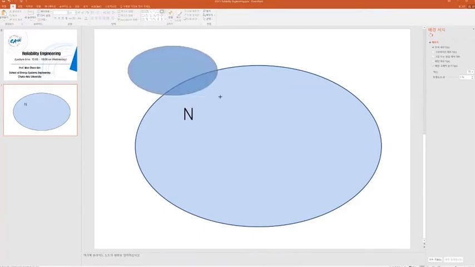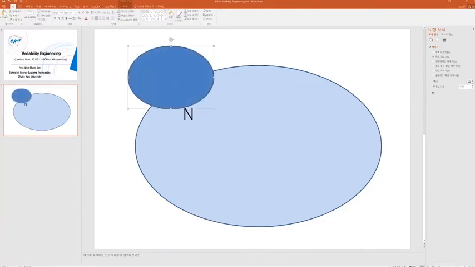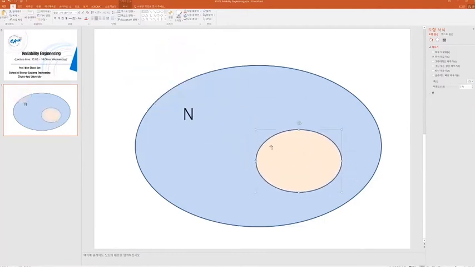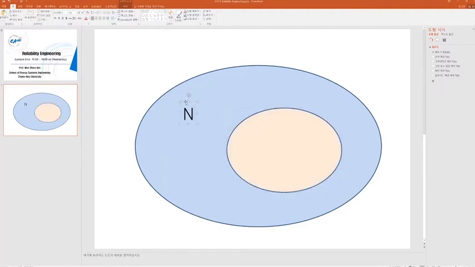Among them, we are interested in d items, a small portion of the items.